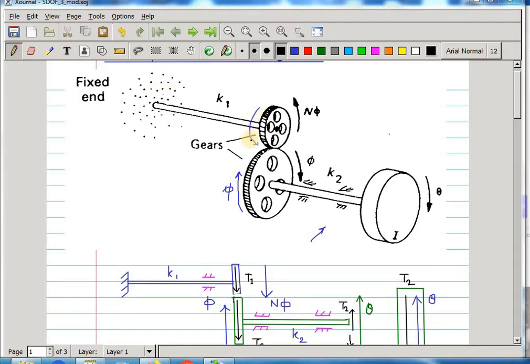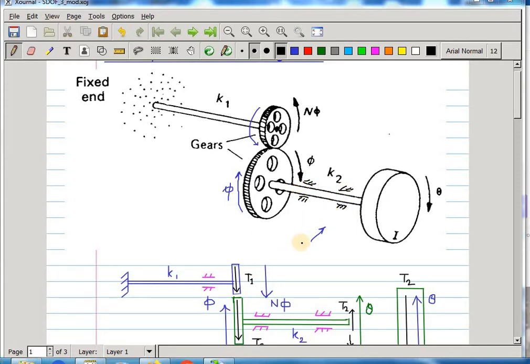So if this rotates by N phi, this rotates by phi in this direction, and this shaft and disc combination is free to rotate in these two bearings.